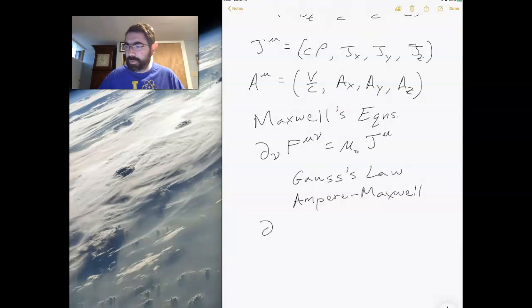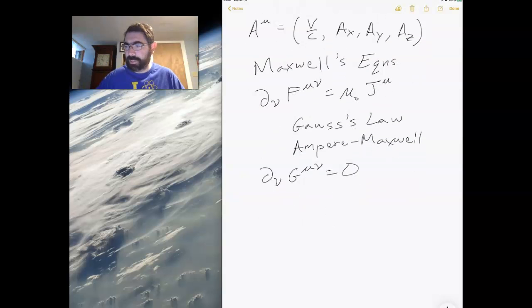And if I look at the dual tensor, set that equal to 0, that one gives me Maxwell's second and third equations, Faraday's law, if you work through all of the various combinations of indices.